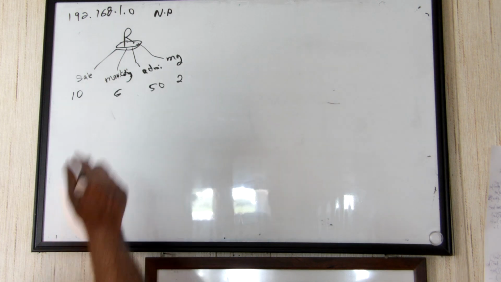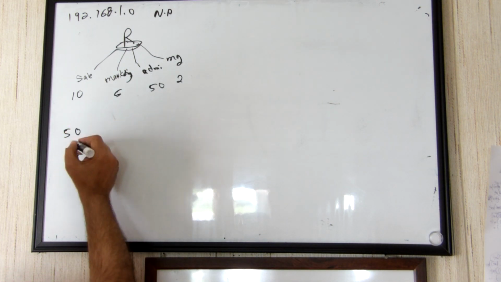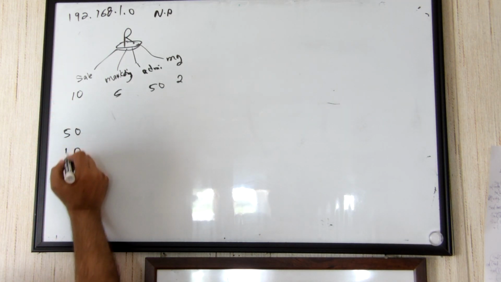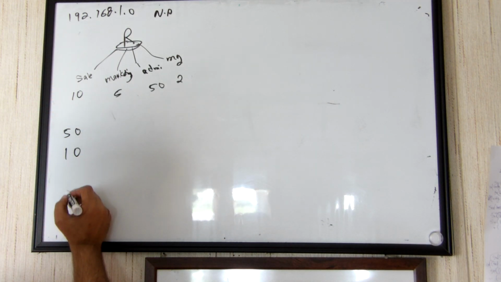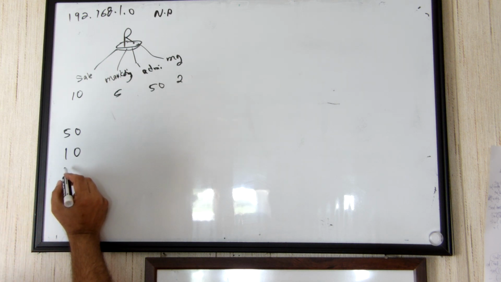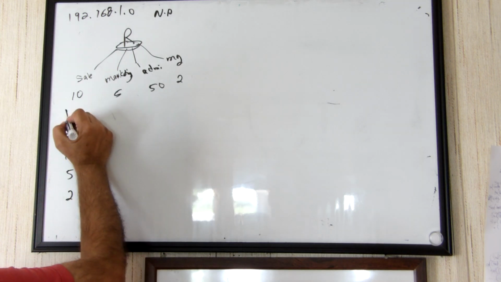We have 50 here, 50, and then 10. We write it from top to bottom, the largest one first, from the largest to the lowest. Then we have 5, 2. Okay, we have 50 hosts here.